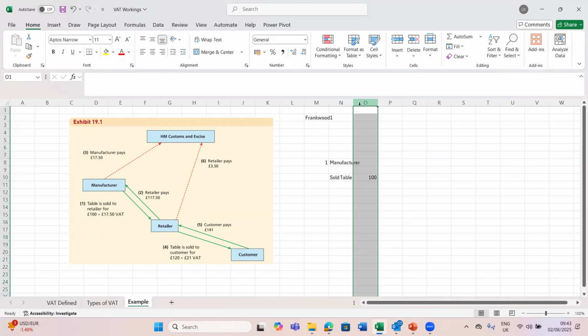Okay, so this table is taxable under the VAT rules.